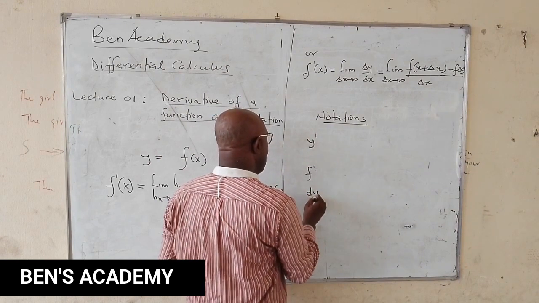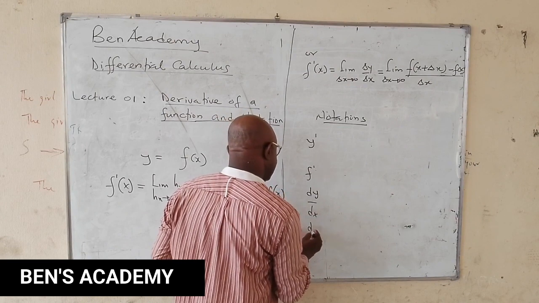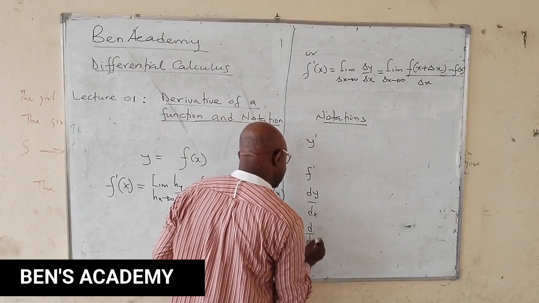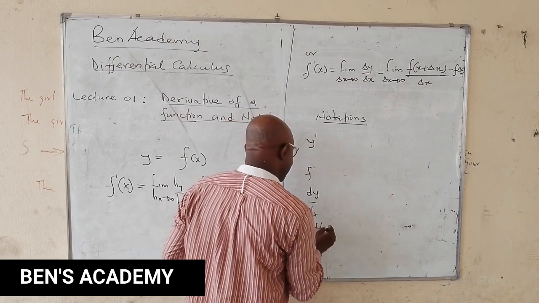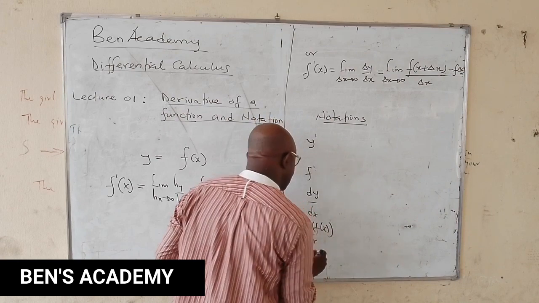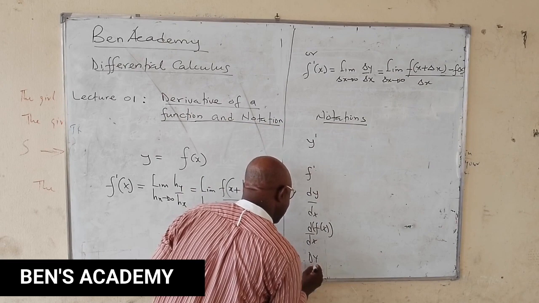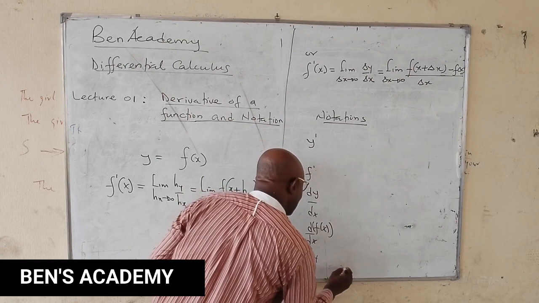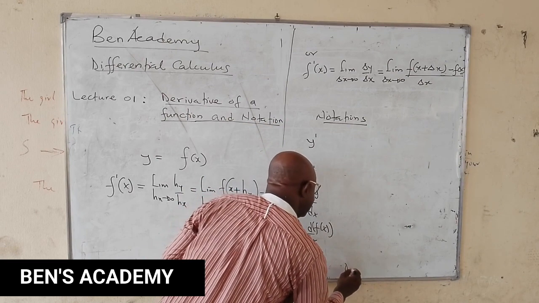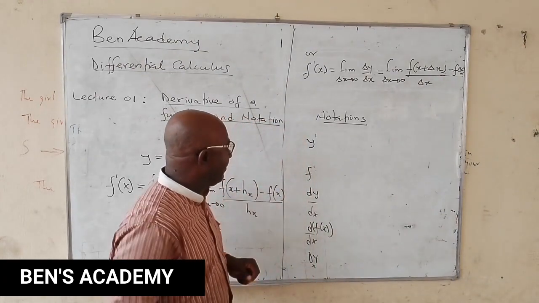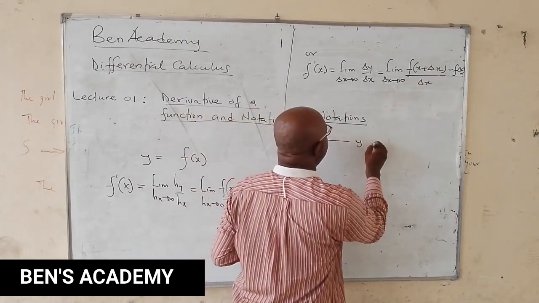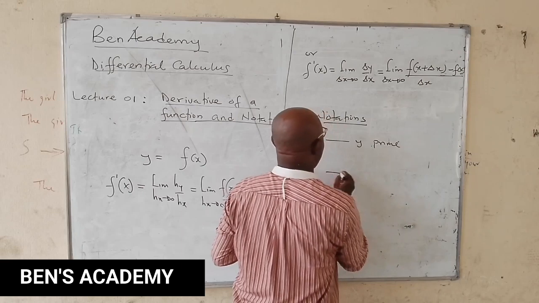We also have dy dx. We have d dx of f of x, with another notation. We also have another one, d y dx. So we have y prime, with another notation y prime. We also have f prime.